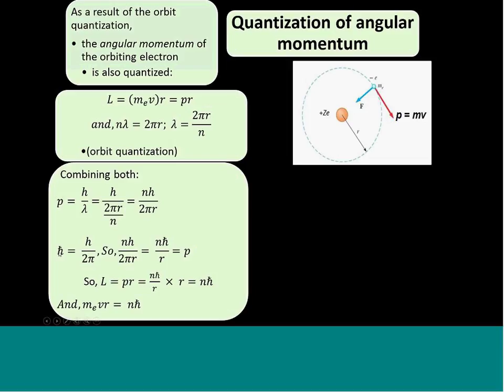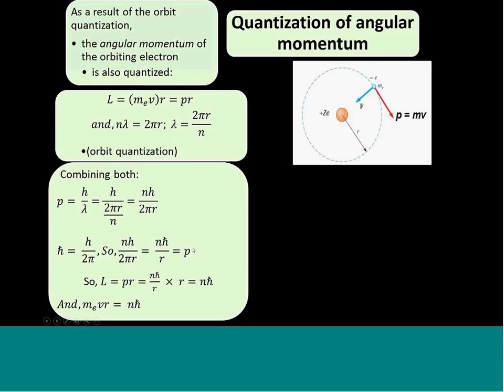Then kita also ada ħ which equal to h per dengan 2 pi. Kalau nh per 2 pi r ni, then h per 2 pi ni kita boleh gantikan sebagai h bar. So that means equal nħ per dengan r.